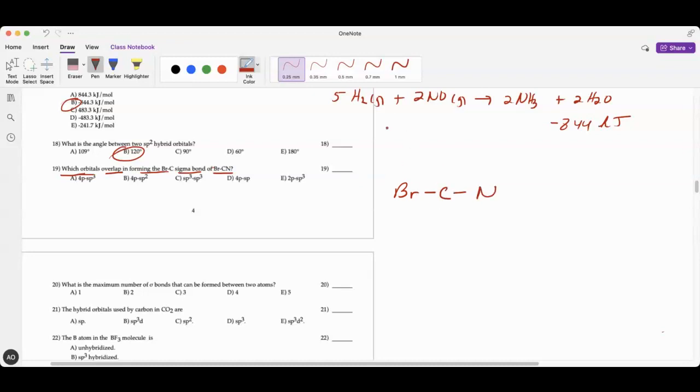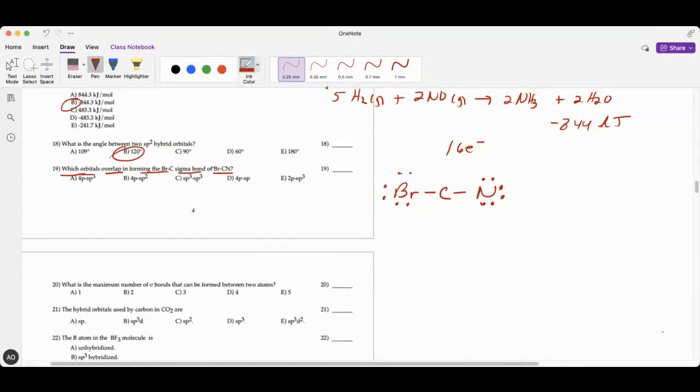Okay. So let's see. We have 7 plus 4, 11 plus 5. We have 16 electrons to distribute. I'm going to go ahead and distribute them around the peripheral atoms first. 2, 4, 6, 8, 10, 12, 14, and 16.